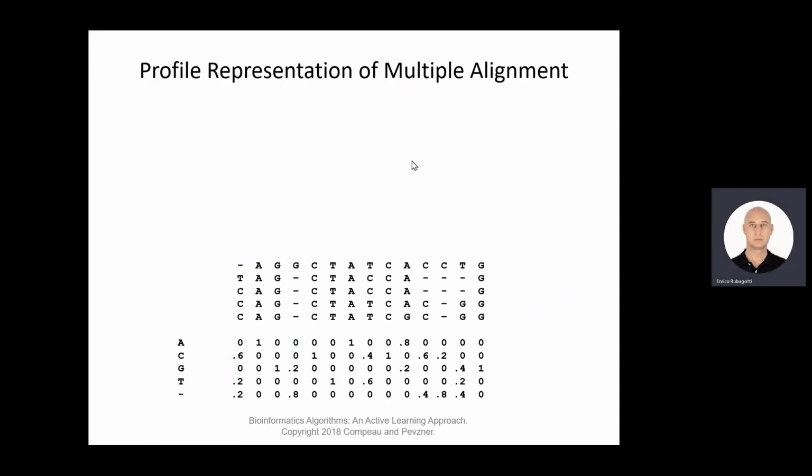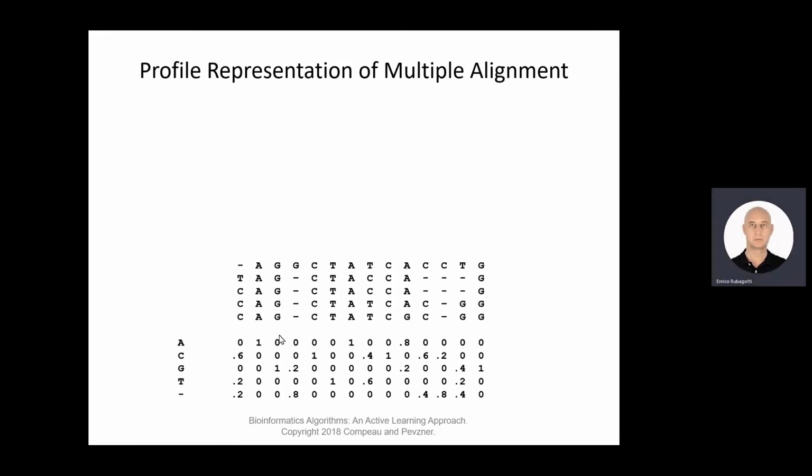Now I'm going to show you a profile representation of a multiple sequence alignment. Here I have 5 symbols, the 4, A, C, G, T, and the gap. And I'm going to represent in the column the percentage of symbols that are used in the column.